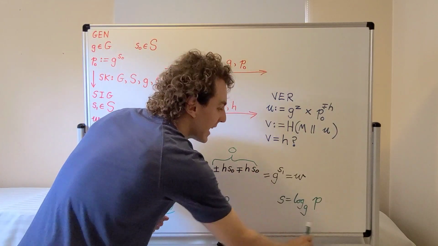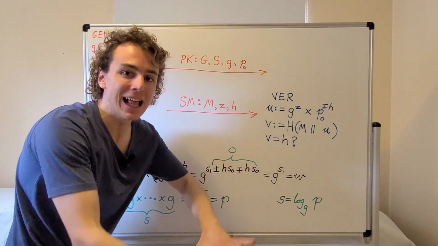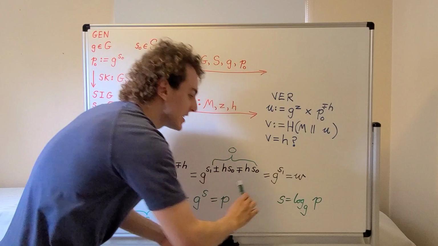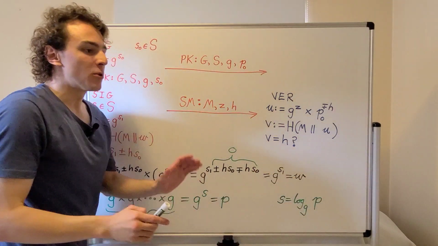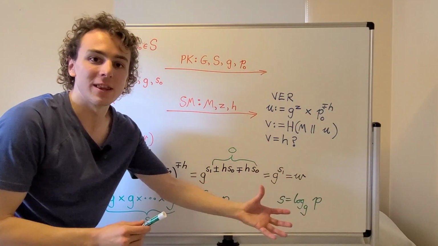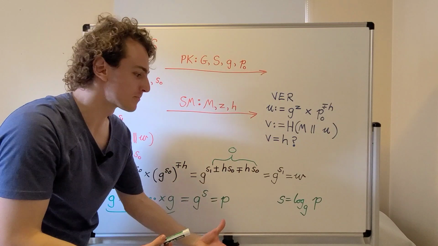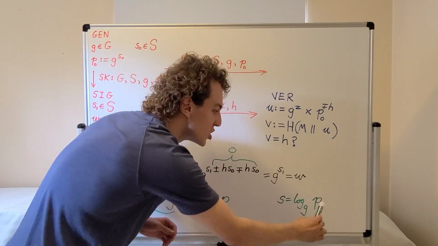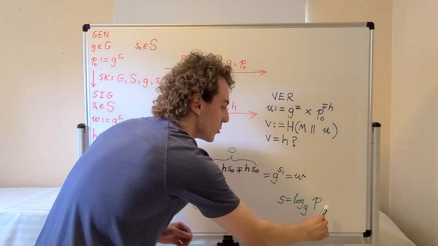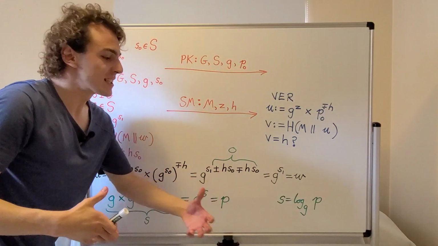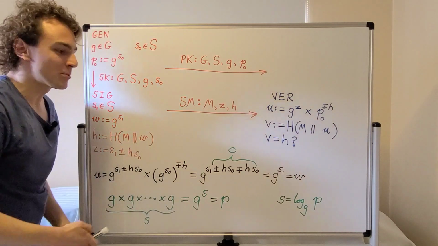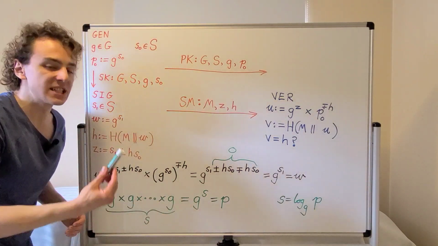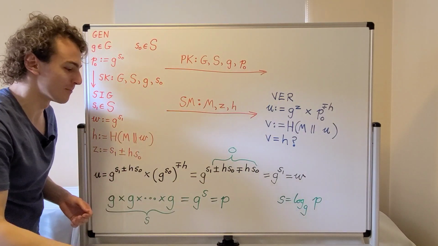But this notation is useful to have because we can make the analogy between this type of operation, and we can also connect that to the logarithm of the numbers that we're used to. So this secret value can be thought of as the logarithm base g of the public value. We have generalized this concept of the logarithm. That's why this is called the generalized discrete logarithm problem.